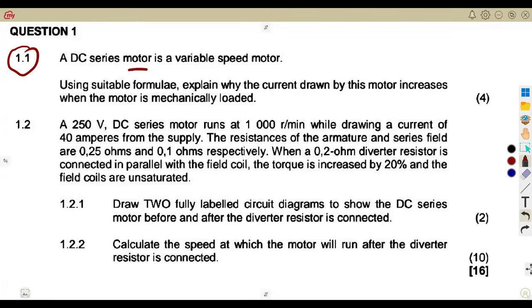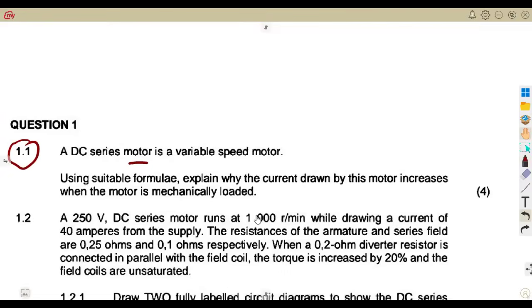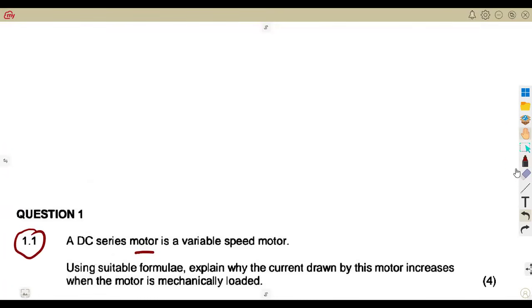As we are to consider all those speed control calculations, that's what they're trying to say here. Using a suitable formula, explain why the current drawn by this motor increases when the motor is mechanically loaded.